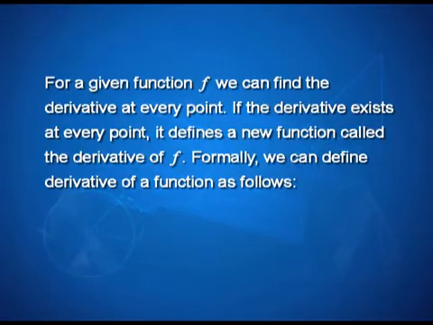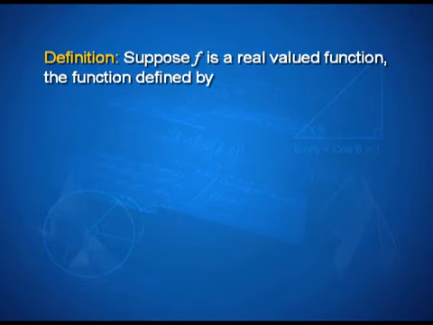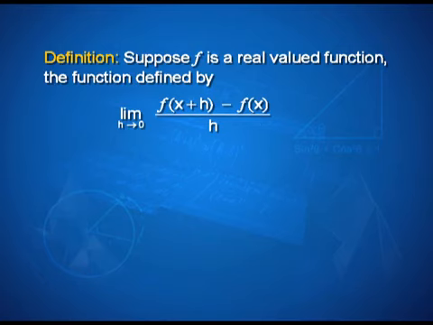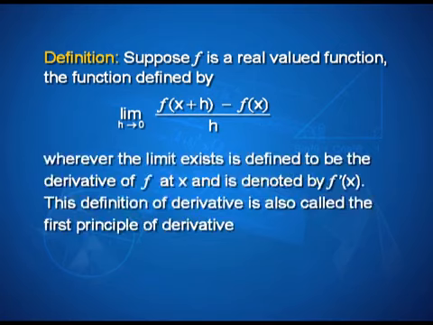For a given function f, we can find the derivative at every point. If the derivative exists at every point, it defines a new function called the derivative of f. Formally, we can define derivative of a function as follows. Suppose f is a real valued function. The function defined by limit f of x plus h minus f of x divided by h as h tends to 0, wherever the limit exists, is defined to be the derivative of f at x and is denoted by f dash x.